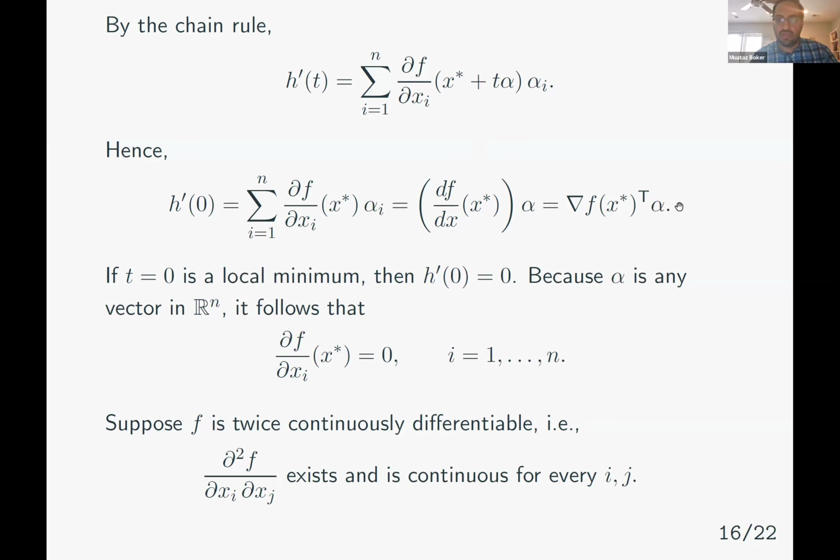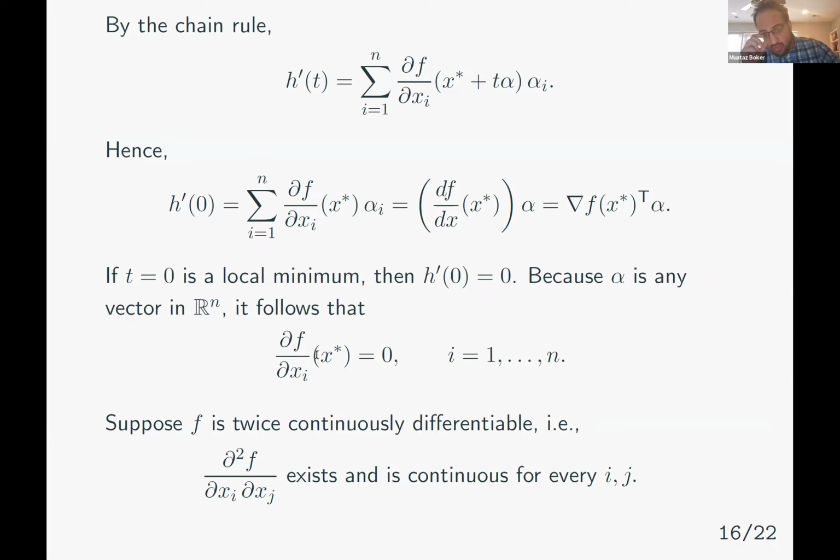And so this is equal to 0. Because alpha is any arbitrary vector in Rn, it follows that the gradient has to be equal to 0. So this is just a quick discussion of why the gradient has to be equal to 0, as an extension for the vector case of the necessary condition.